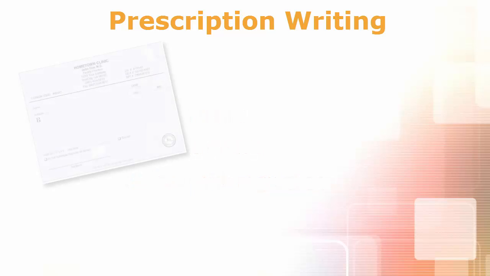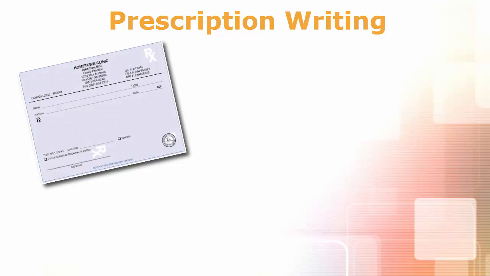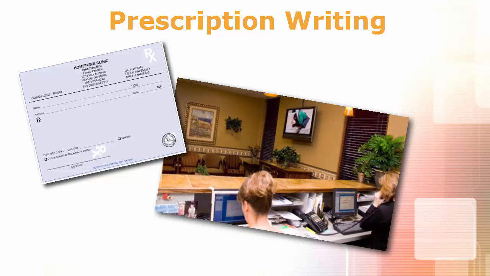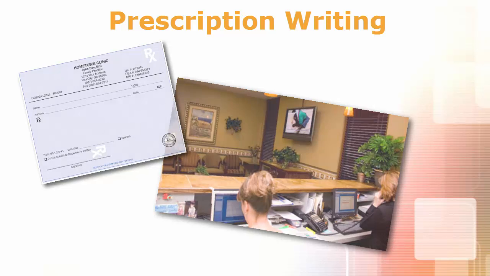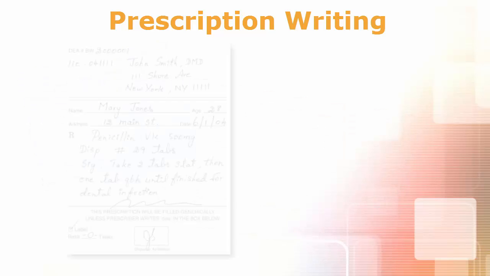Dentists have to order their prescription pads directly from the state. These pads shouldn't be left unattended. Having them sit out in an operatory or at the front desk, they can be stolen and forged to obtain narcotics.